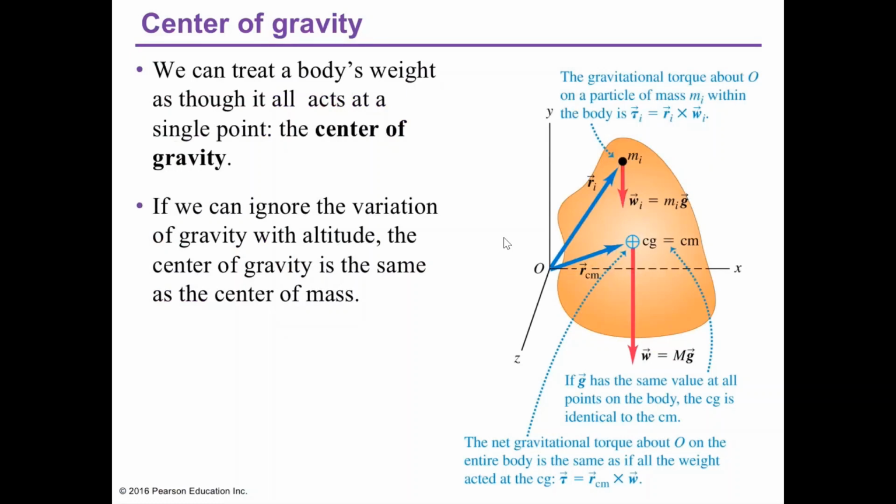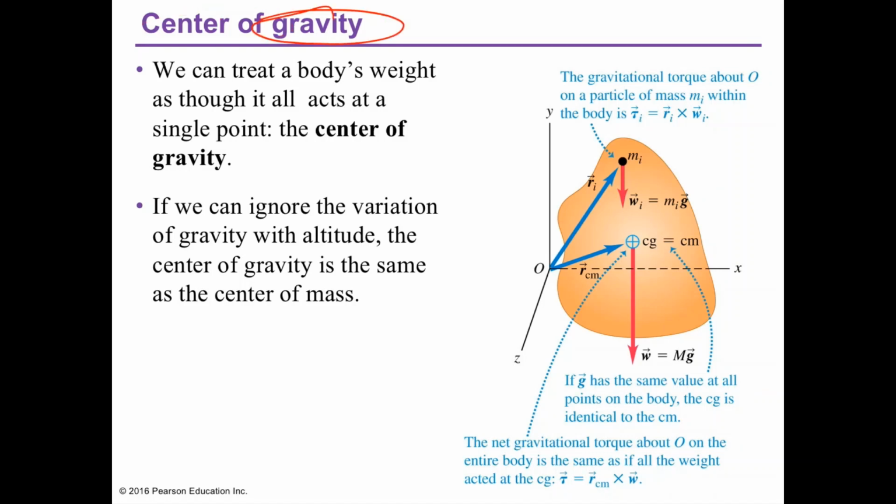Okay, so the next concept we're going to talk about is center of gravity. In most equilibrium problems, one of the forces acting on this body is its weight, the gravitational force. We need to be able to calculate the torque of this force.